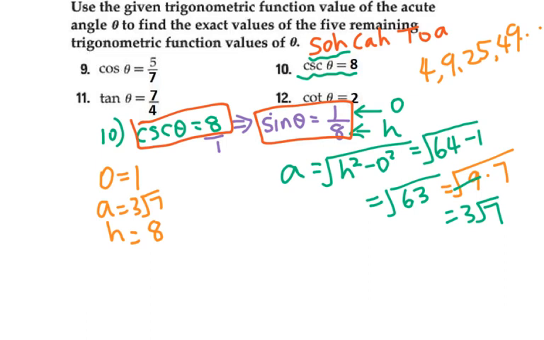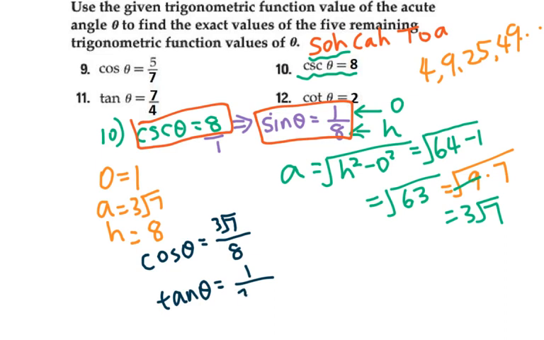And so we go to the cosine. Cosine theta equals A over H, which means 3 square root of 7 over 8. Tangent theta equals O over A, so 1 over 3 square root of 7. Then you simplify, you will get square root of 7 over 7.